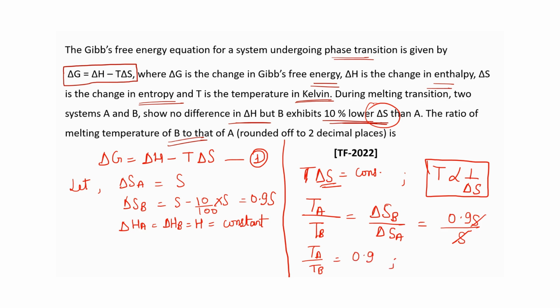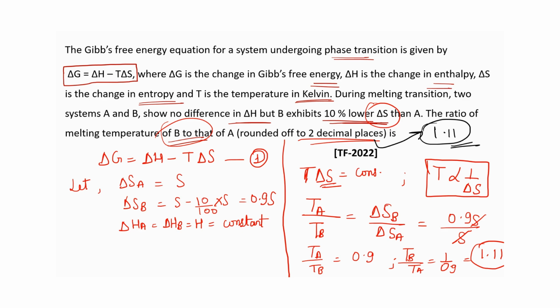You need to find the ratio of melting temperature of B to A, T B upon T A. T B upon T A will come out to be 1 upon 0.9. When you solve, it comes out to be 1.11. Rounded off to 2 decimal places, 1.11 is the correct option.